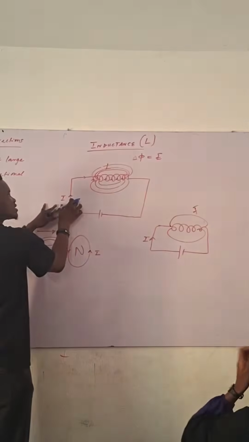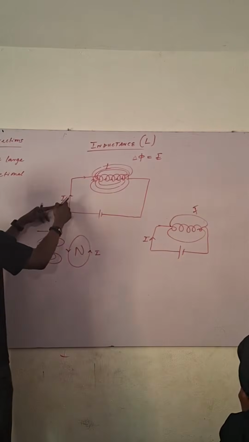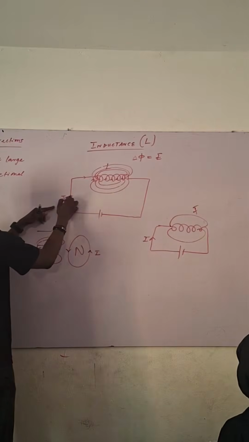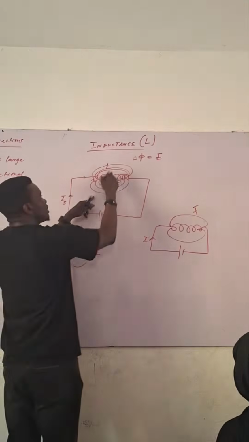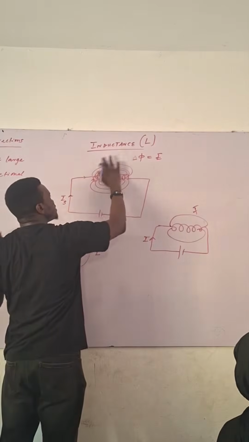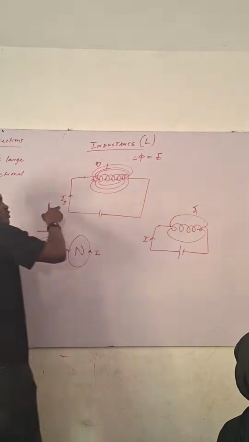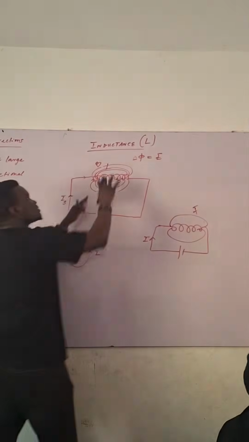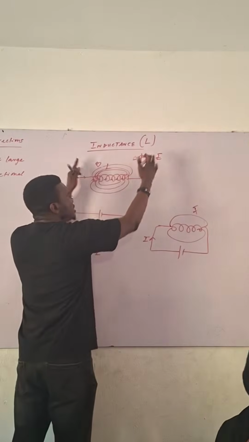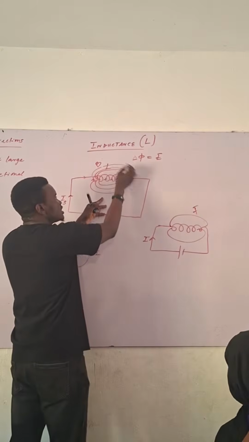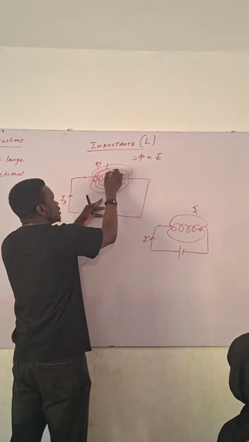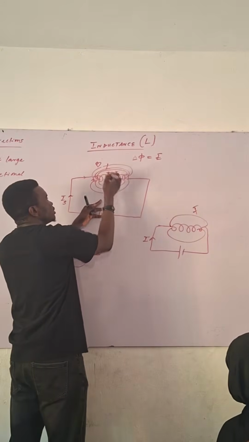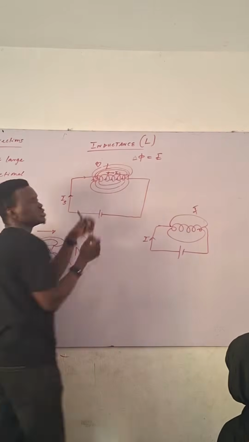So this is the current coming from the source. This is the magnetic field generated as a result of this current. But because this field is increasing and decreasing, it will also generate an opposing current in the opposite direction. That opposing current is the induced current.